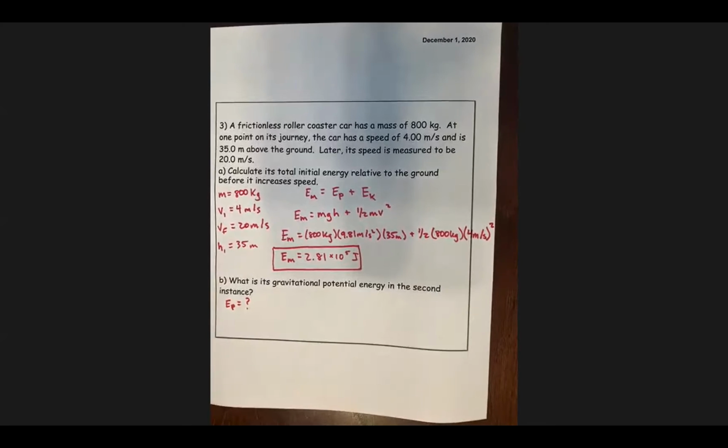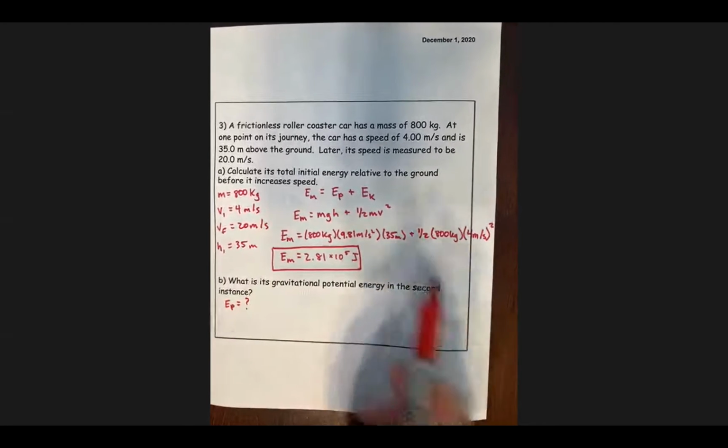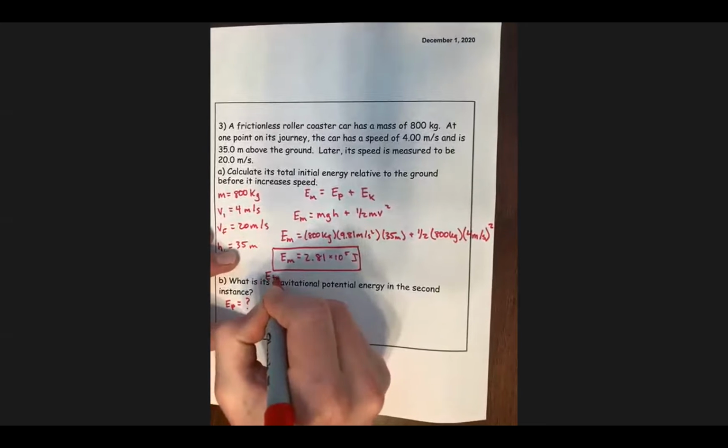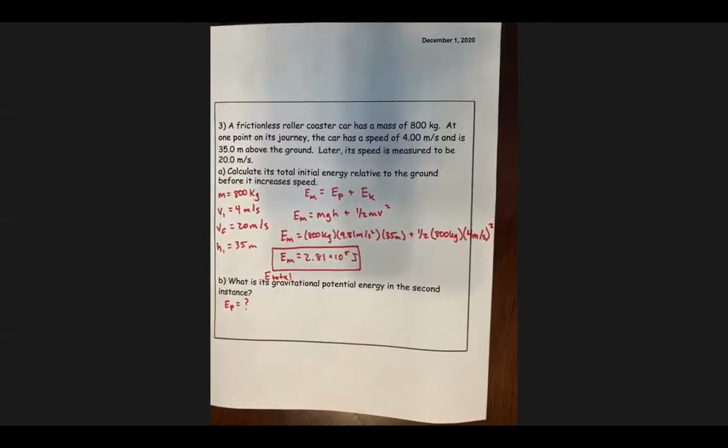We just found the total initial energy, so we could also say E total. Remember, total energy is equal to the mechanical energy. And another thing that we have to connect from our theory side is the law of conservation of energy, right? Energy cannot be created nor destroyed, just transformed from one to another. So the total amount of energy in that system is going to remain the same.